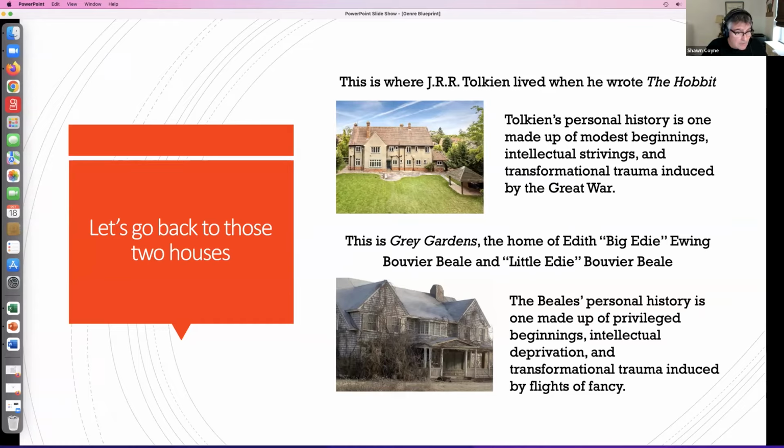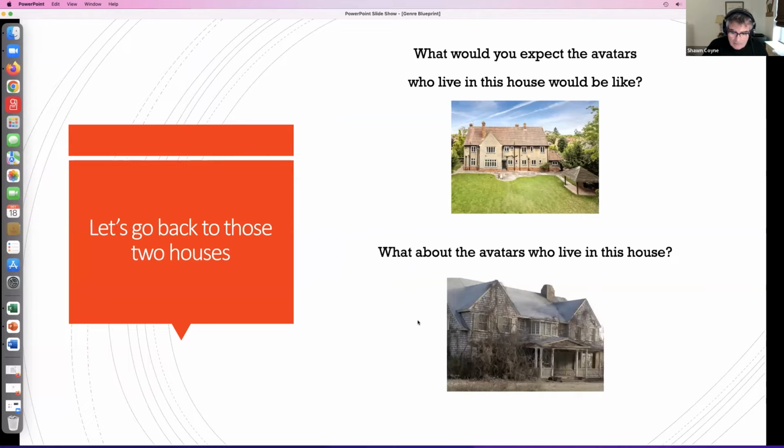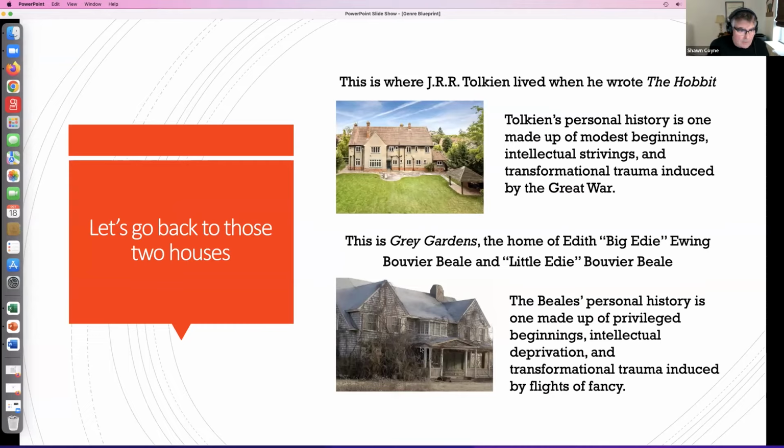They were just supposed to be fanciful ladies. It's a different era. And transformational trauma induced by flights of fancy. They were lied to, and they lived like that. So we would expect this to be down and outers, but they're not. And that's how stories work.